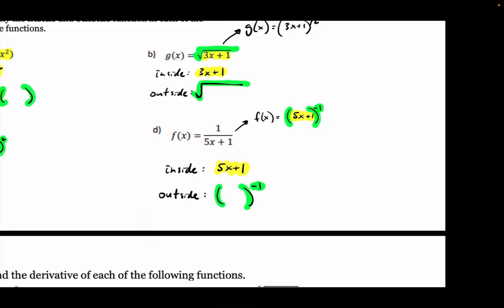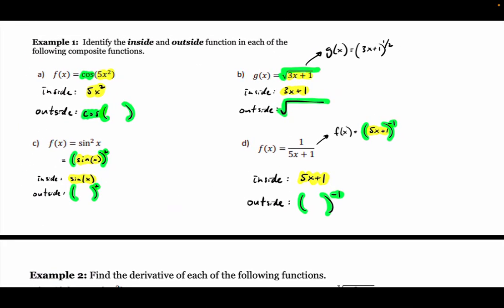So what we just did there is the hardest part. Trust me, it's the hardest part. Using the rule is not hard, because the chain rule is just another version of the power rule. We use it like we would the power rule. So the next page, we're going to use the same 4 plus some more, but we're going to actually now find the derivative. Okay? So let's go to the back.